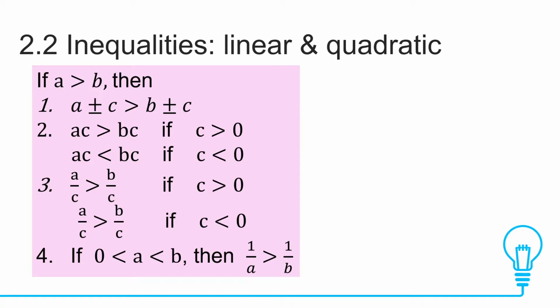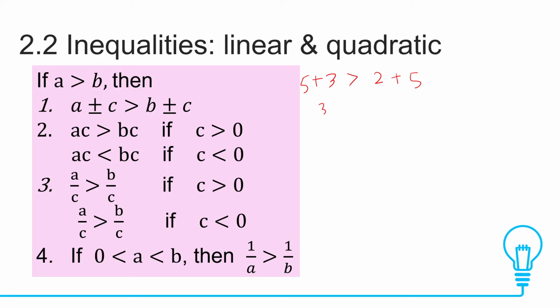First, we look at some properties of the inequality. If you have A greater than B, then this is also applicable for greater than or equal to B. If you want to add to the left-hand side or right-hand side, for example, if you have 3 greater than 2, regardless of whether you are adding a number, let's say 5, to the left or right, the sign will not change.